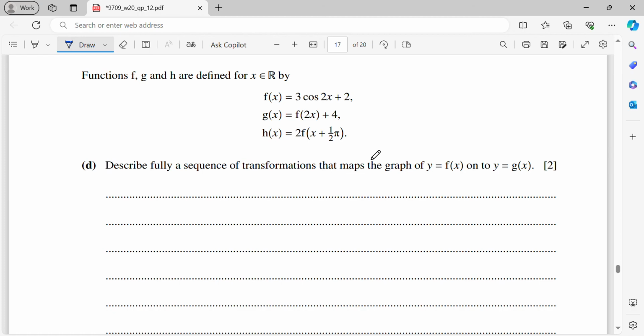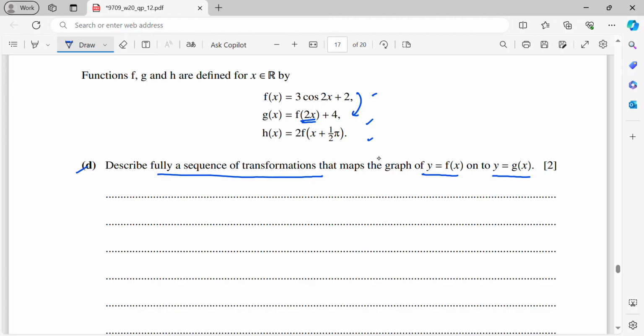Okay, now given f, g, and h. Part D: describe fully a sequence of transformations that maps graph y equals f(x) onto y equals g(x). So look at the g(x) here. g(x) is f(2x) plus 4.